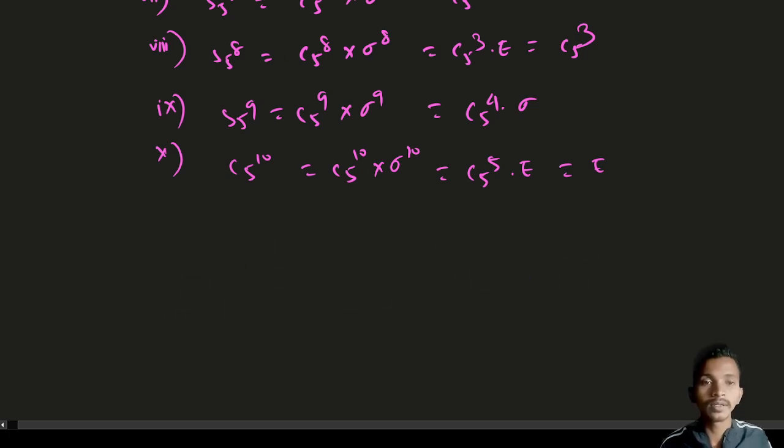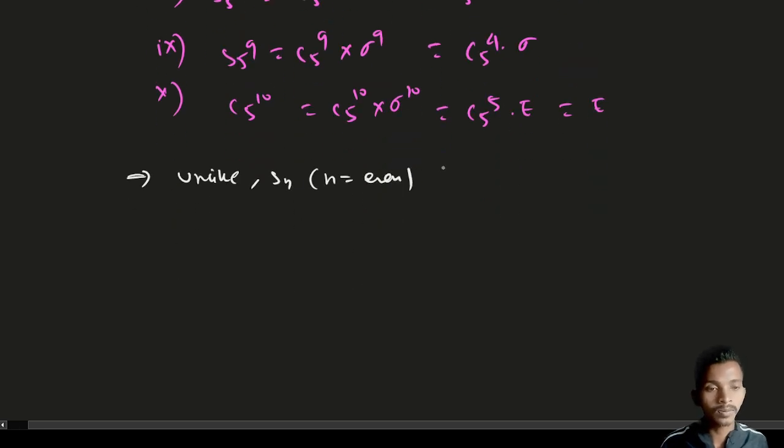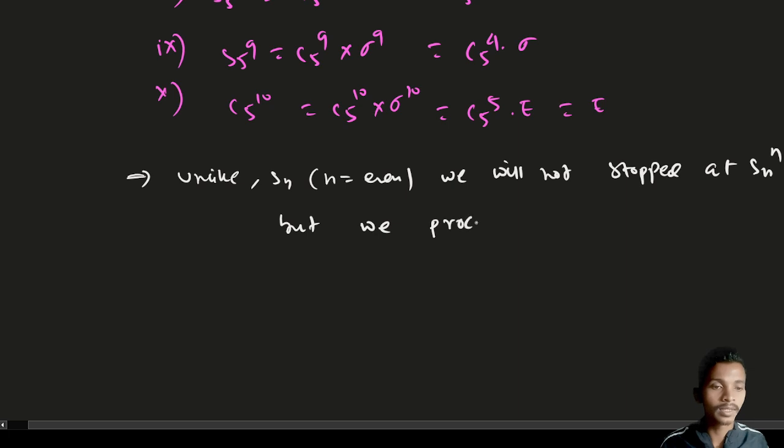So from this what we observe is that unlike Sn where n is even, we stop up to Sn^n, we will not stop at Sn^n, but we proceed up to how much?